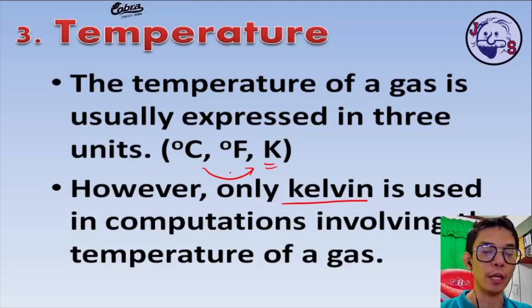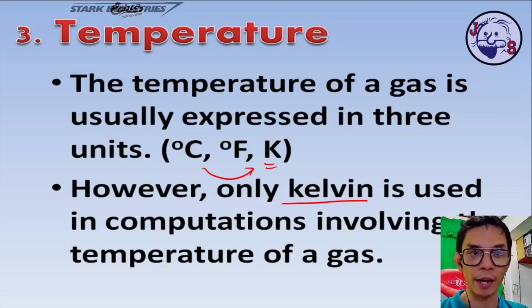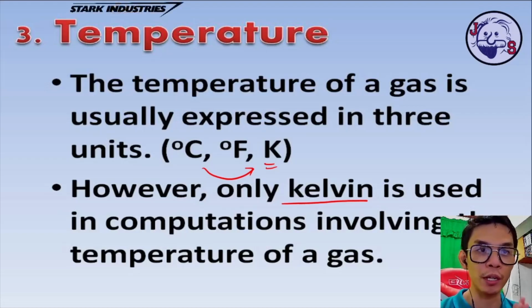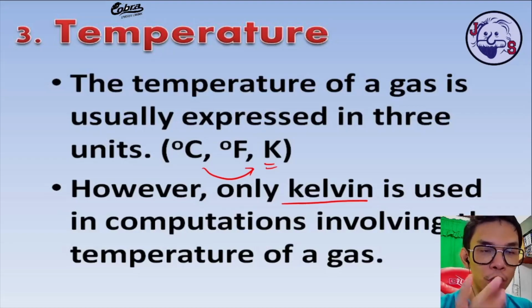In measuring the temperature of a gas, we are not using degrees Celsius or degrees Fahrenheit, but Kelvin. So you need to learn how to convert these units into the required unit in your gas laws.